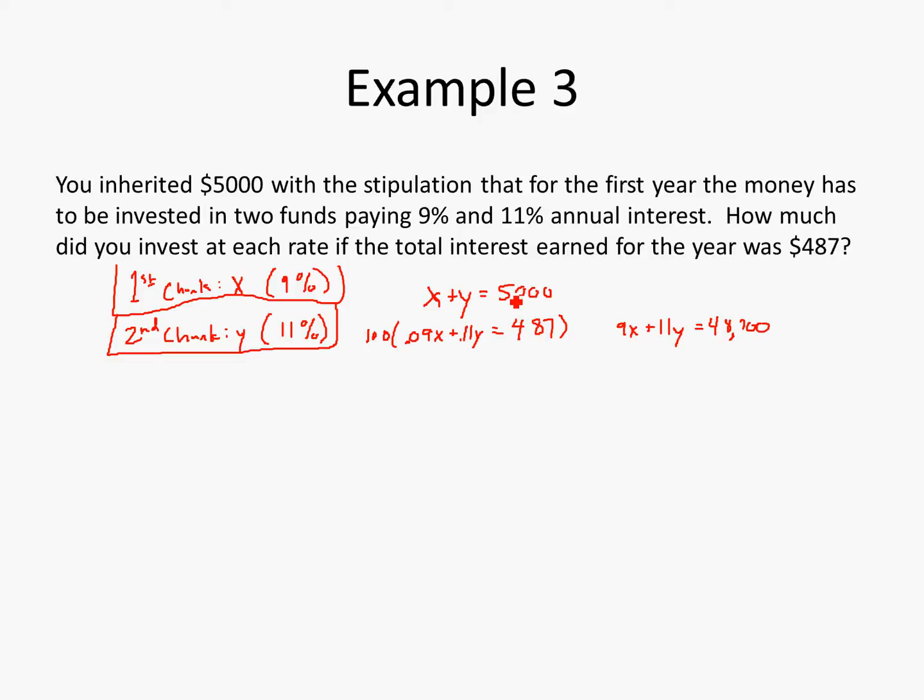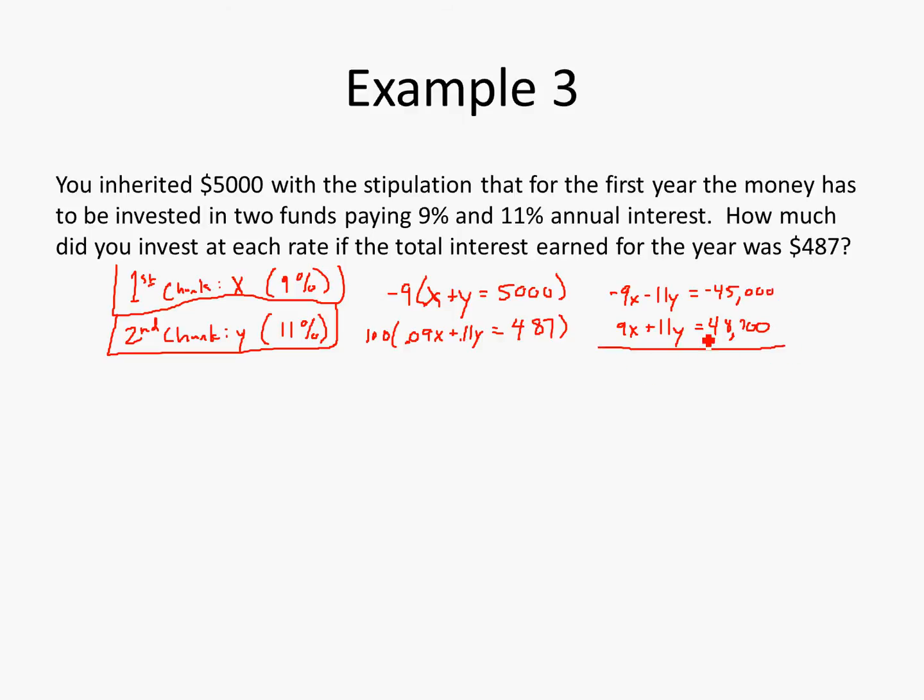Now since I'm going to use the elimination method, how about we eliminate x? So how about I multiply this whole equation by negative 9. Then this is going to become negative 9x minus 11y, and that's going to equal negative $45,000.